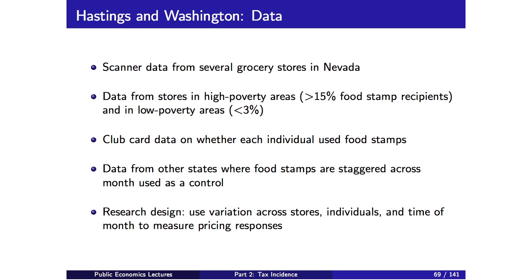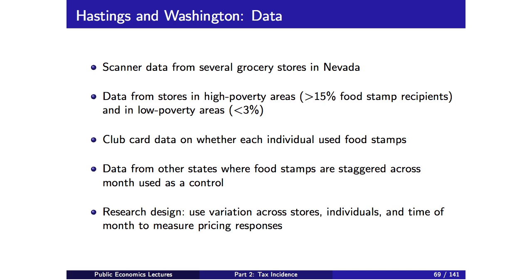So they use scanner data from several grocery stores in Nevada. They use data from stores in high poverty areas, defined as having more than 15% food stamp recipients, and low poverty areas, in order to get these two different treatment intensities. And then they have data from club cards, those cards you use when you check out to get discounts, on whether each individual uses food stamps to pay for their purchases.